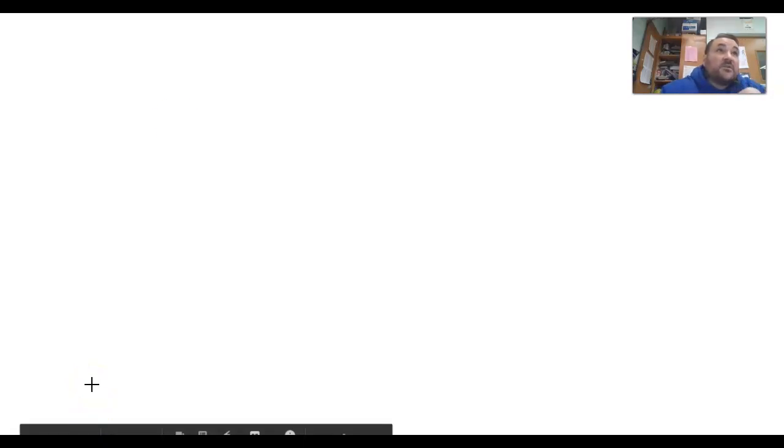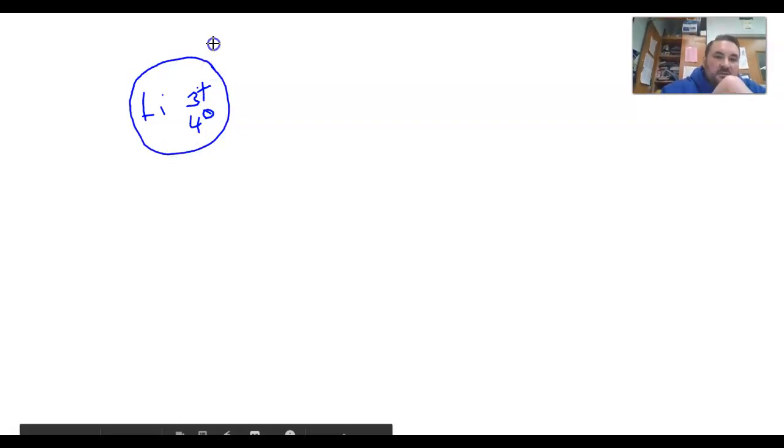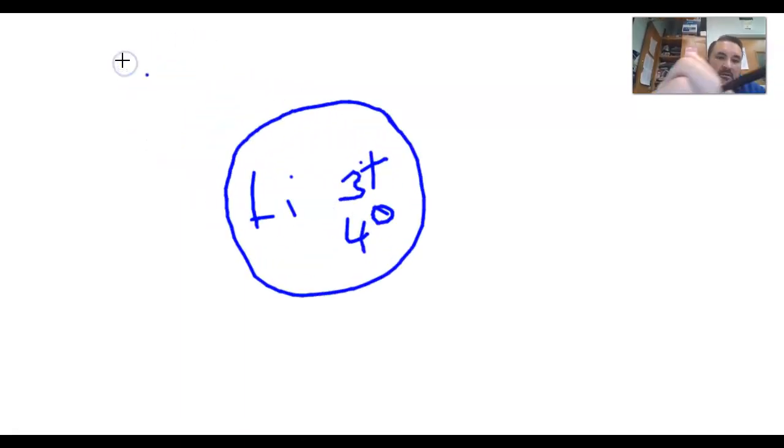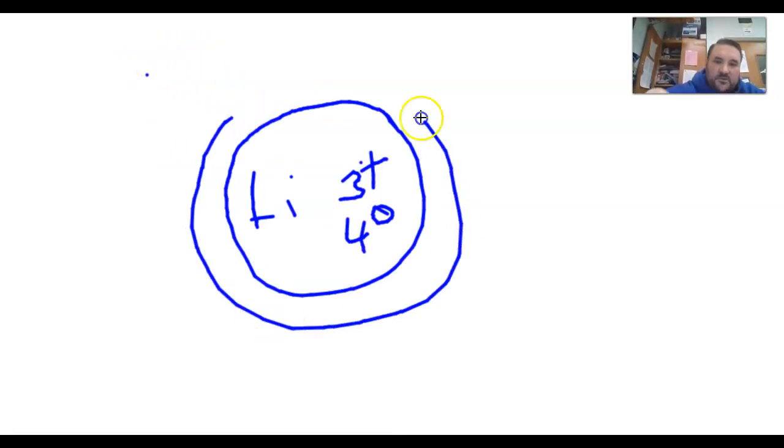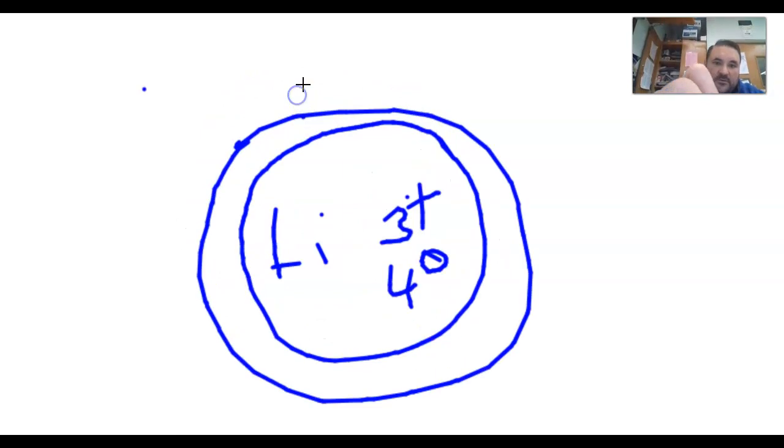So if I show you an example, let's do lithium. Lithium has 3 protons. It has 4 neutrons, so therefore it will have 3 electrons. The first shell will hold 2.